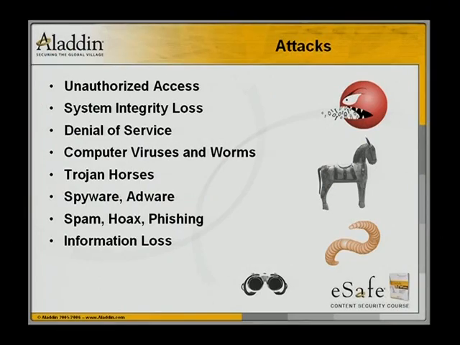Phishing is basically when a user thinks he's going to a legitimate website, however he's going to a hacker's website that wants to steal his user credentials to use them to steal his money, to steal his records, or to basically do identity theft. Another type of attack is information loss.